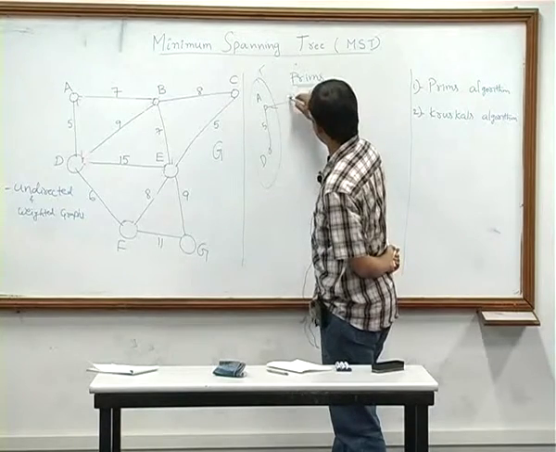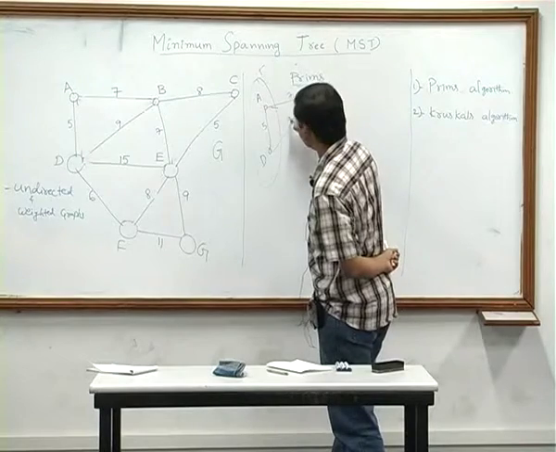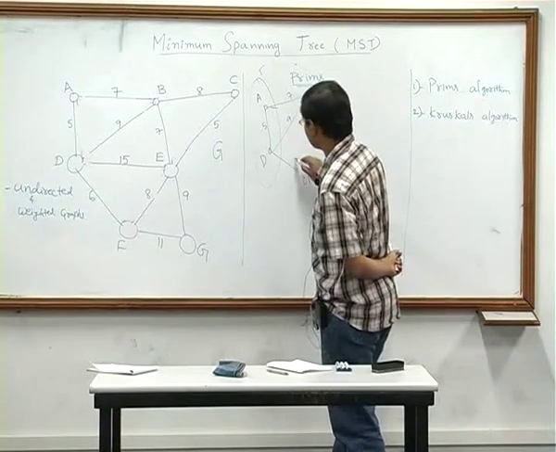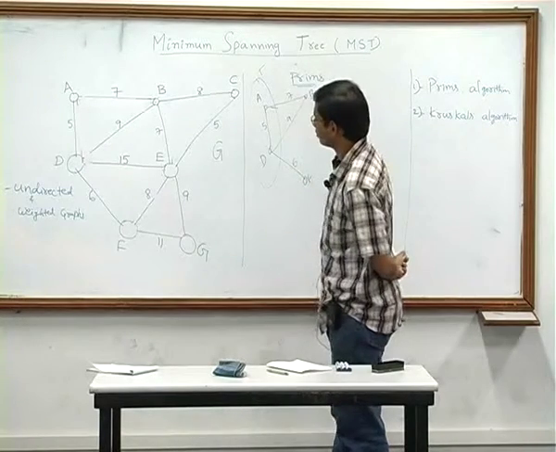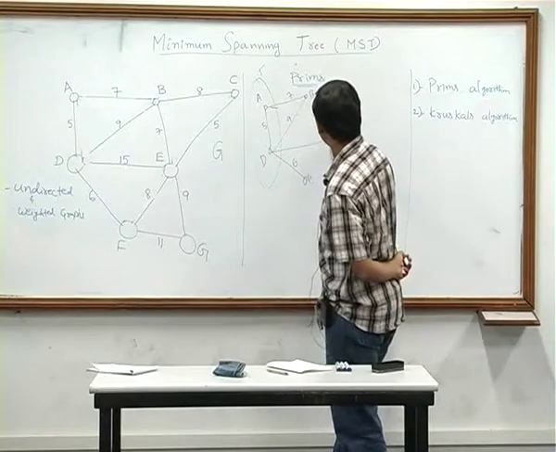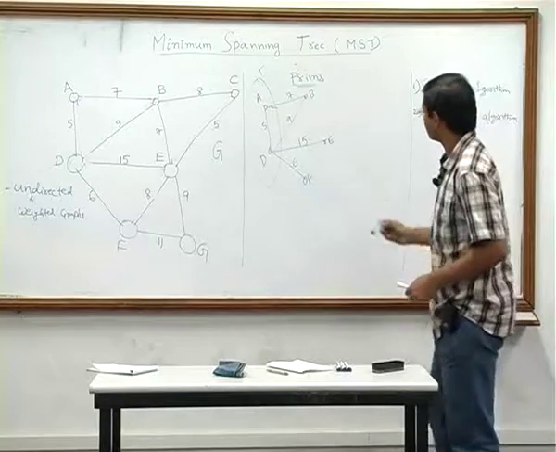So we have A to B with 7, D to B with 9, D to F with 6, and D to E with 15.